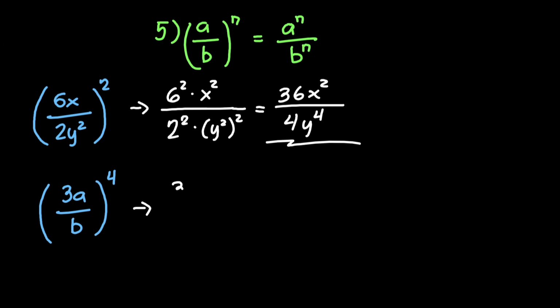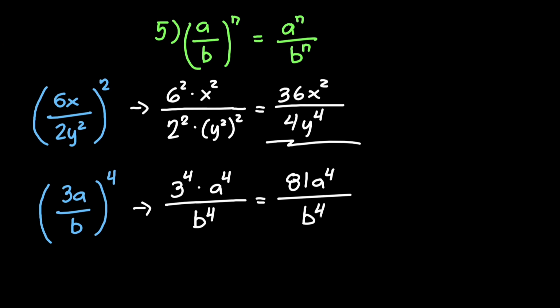It would be 3 raised to the power of 4 multiplied by a raised to the power of 4 over b raised to the power of 4. 3 times 3 would be 9 times 3 would be 27, and multiply it by another 3, it would be 81 multiplied by a raised to the power of 4 over b raised to the power of 4.